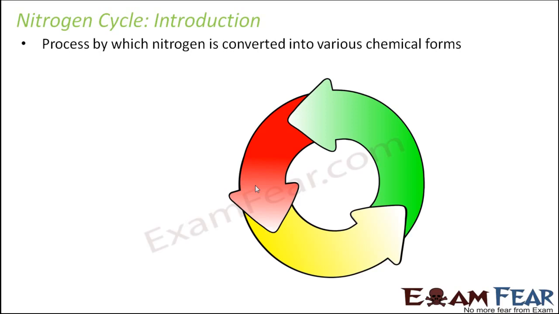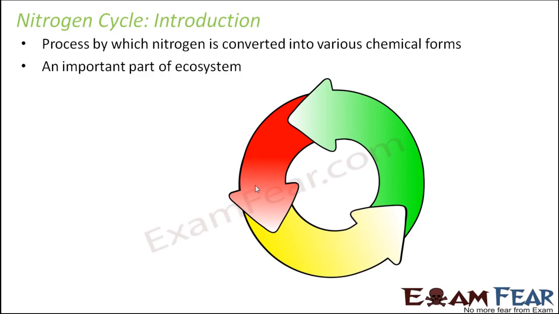In this topic, we will talk about the various processes which together form the nitrogen cycle. This is a very important part of the ecosystem. The way we have the carbon cycle, similarly the nitrogen cycle is also a very important part of the ecosystem, because it maintains a balance in the different forms of nitrogen.